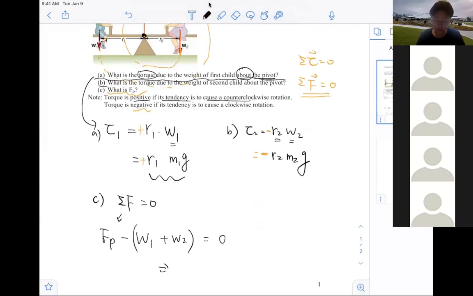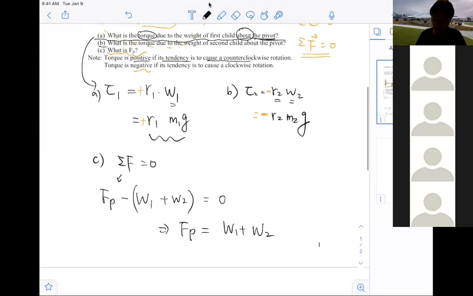So you can calculate FP. The normal force provided by the pivot point is simply the sum of the two weights added together. So that's going to be M1 G plus M2 G. And that's it. That's how you get the force on the pivot point by looking at your force equation.